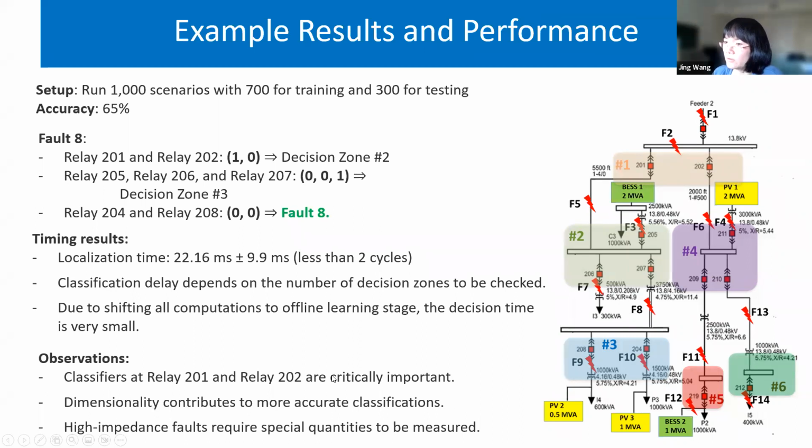If we use 10 features or 20 features, 20 is definitely more accurate and better, but the computation complexity is significantly higher as well. And we have very good accuracy for the high impedance fault, but the accuracy still needs to be improved.